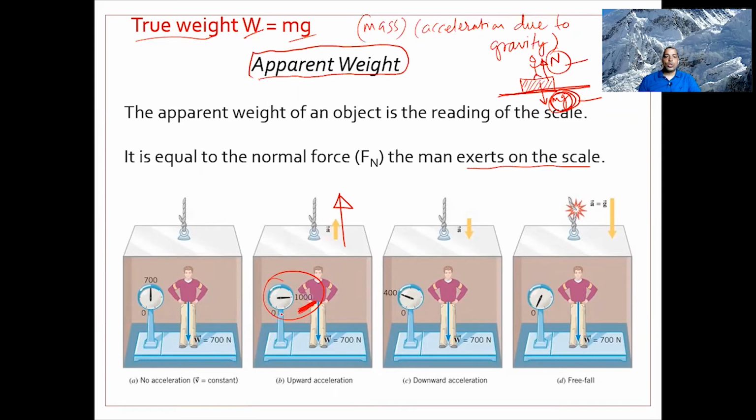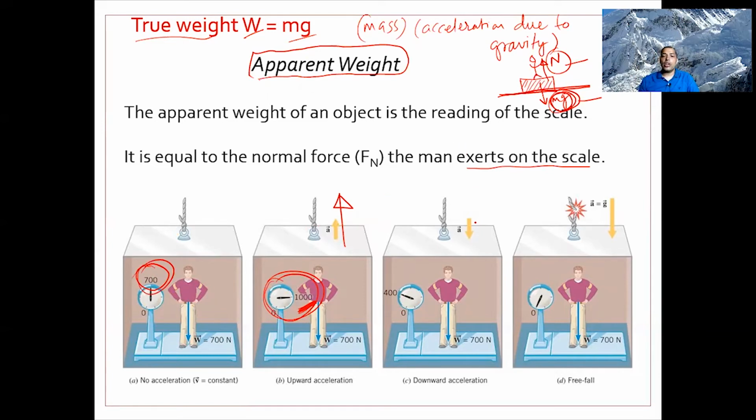But when the elevator is at rest, the weighing machine gives you the exact weight. In this case, apparent weight is equal to true weight. That's why the exact weight is 700 here, but this elevator moves up. In that case, what happened was your weight is bigger than the true, the real weight.